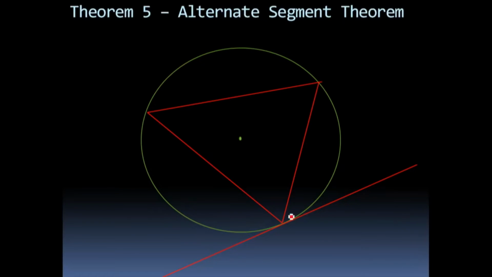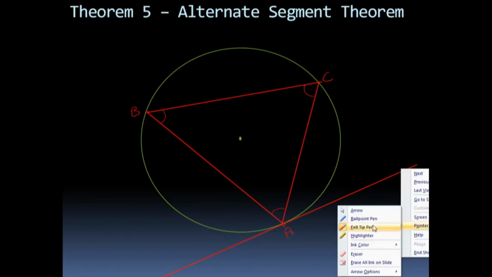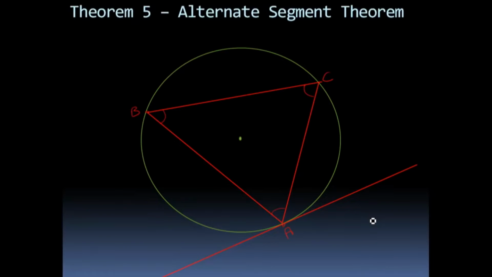So we have this point here, A. Think of this as angle A, think of this as angle C, and think of this here as angle B. All right, based on what you looked at a while ago, let's change the color quickly.